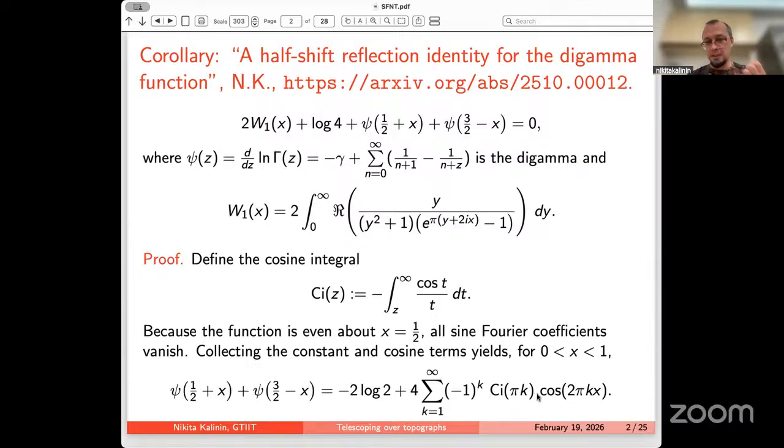I don't know if it is a classical fact or not, but at least I could not find it in sources, but it's easy to compute. You just check it. And the same expansion you have for this function W1. I will not return to that in the talk. It is just a corollary of the results, which I think is nice and maybe suitable for a seminar about special functions.